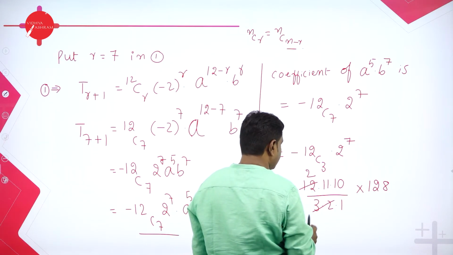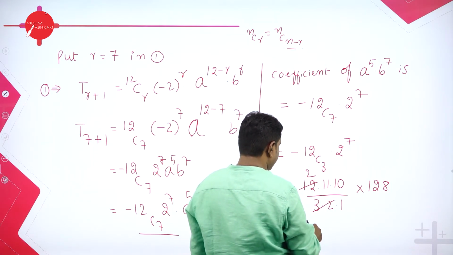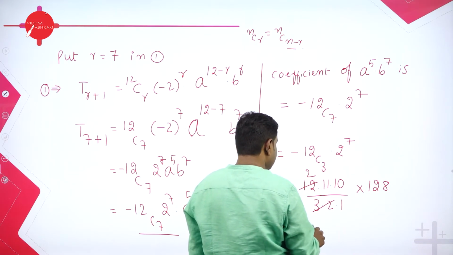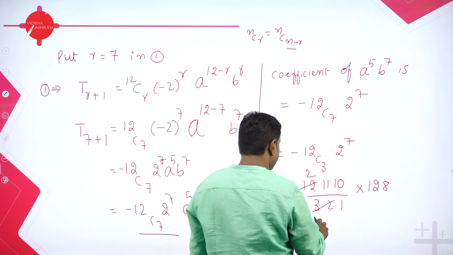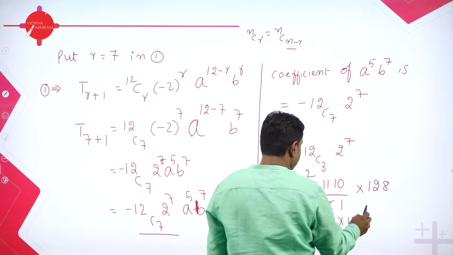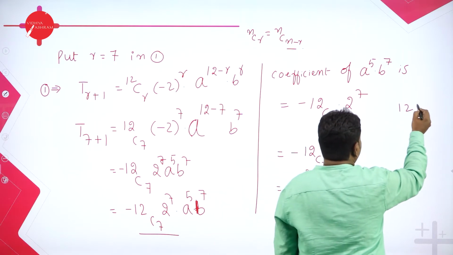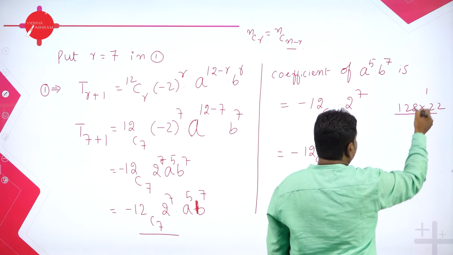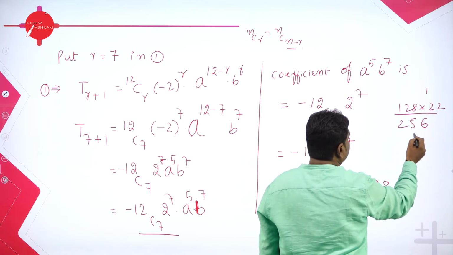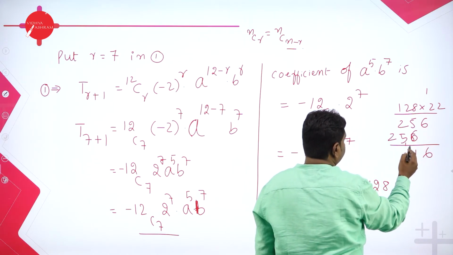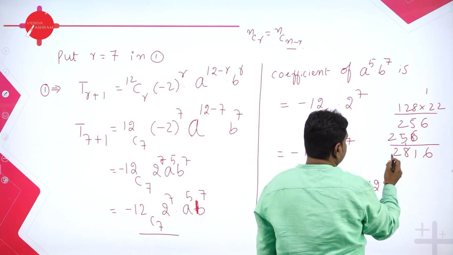Now further, 11 2s are 22, 22 into 128, minus 220 into 128. You can use a calculator or do the multiplication. 128 into 22: 2 8s are 16, 1, 2 2s are 4 plus 1, 5, 2 1s are 2, and again this is 6, 5, 2, 6, 11, 8, 2.